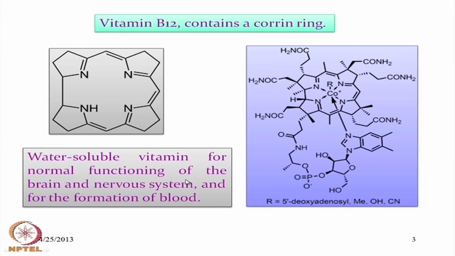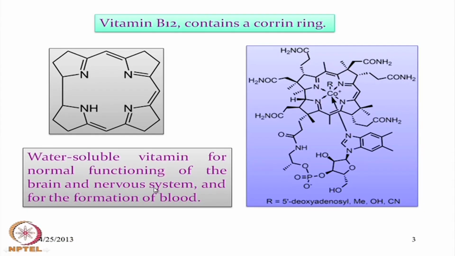When we have a shortage of this vitamin, we should be supplemented with vitamin B12 or cobalamin. Some well known brands of vitamin tablets and capsules are available which contain cobalamin, because they are required for the normal functioning of the brain. When there is a shortage, there is some abnormality in brain functioning, our nervous system.